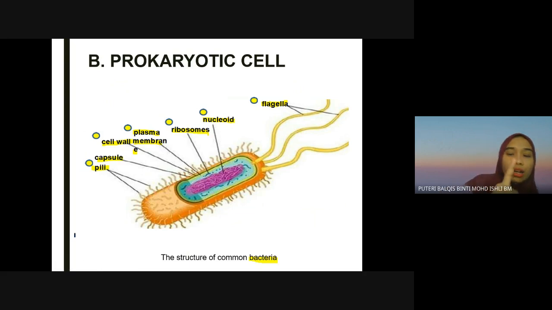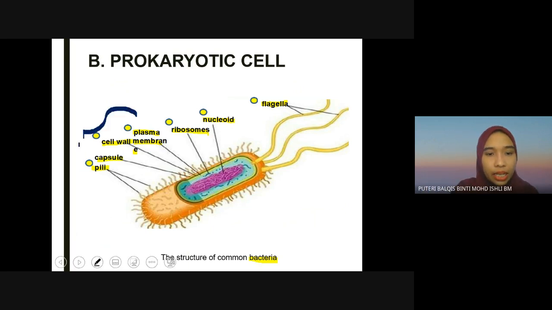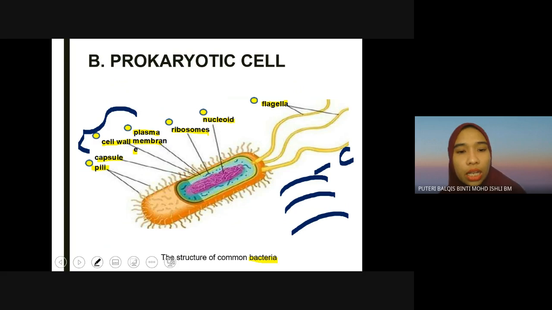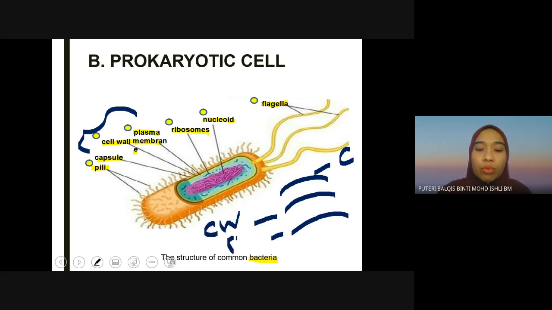Prokaryotic cell dia ada 3 layer. Yang paling luar adalah capsule. Yang second layer adalah cell wall. Third layer barulah dia jumpa plasma membrane.